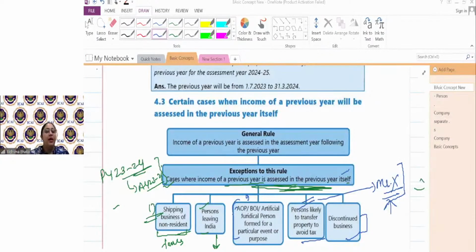So to avoid that, they can immediately ask the person to pay the taxes in the previous year itself. Sakti, that does not matter whether it would be taxed in any other country or not. What is mattering here is it would be taxed in India. Kanishka, please remind me to answer this question at the end of the class.